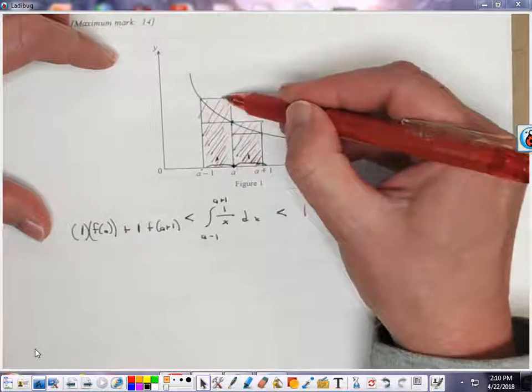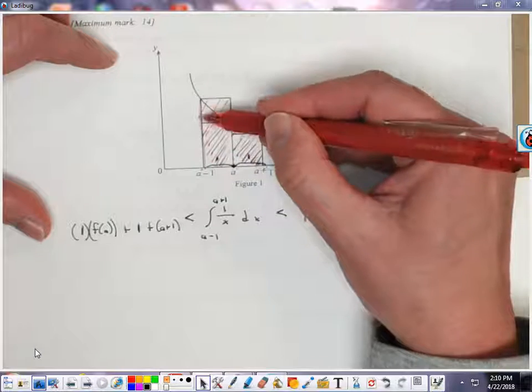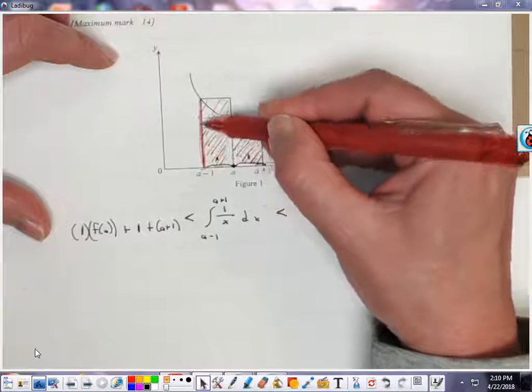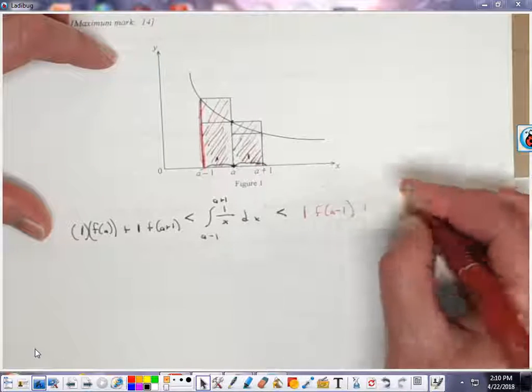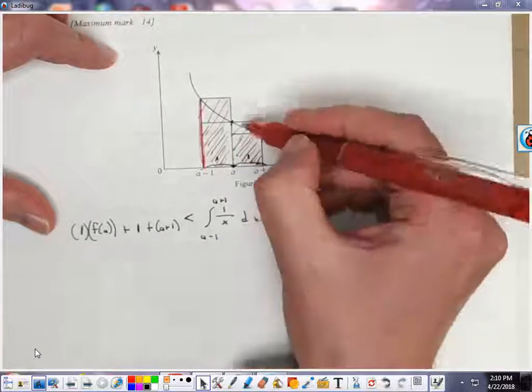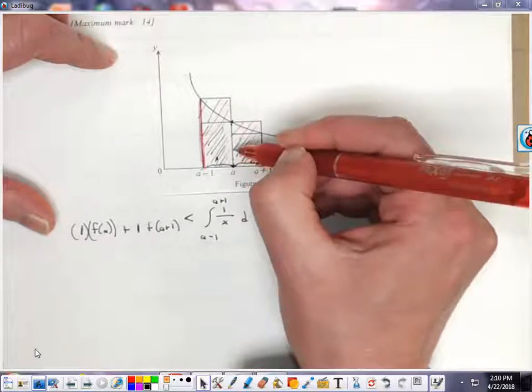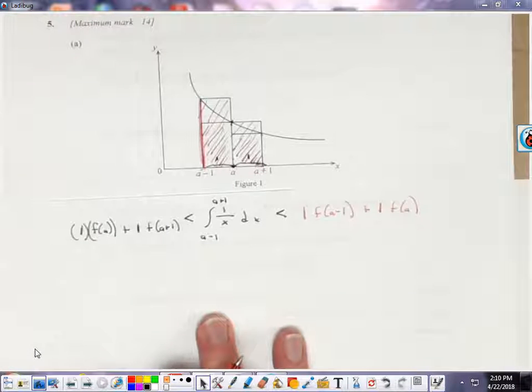How high this first rectangle is, how high it is going up to here, how high it is at the left-hand endpoint, would be f of a minus 1. The other rectangle is also 1 wide. How tall it is right here, f of a. So I've got a little bit going on now. I've got it bound between two things.